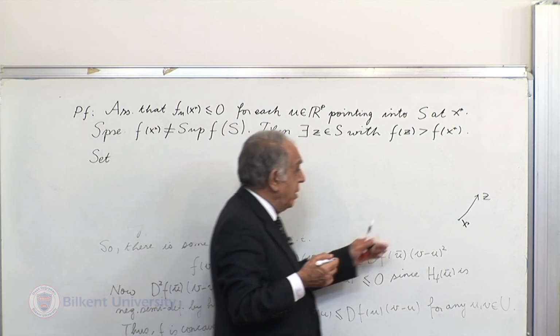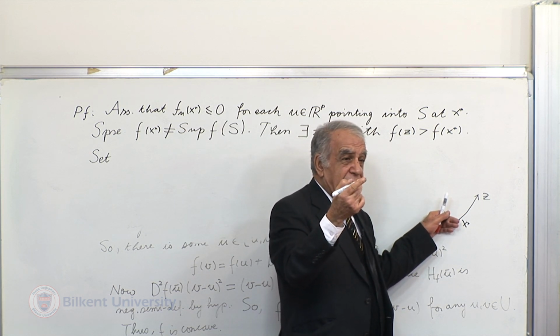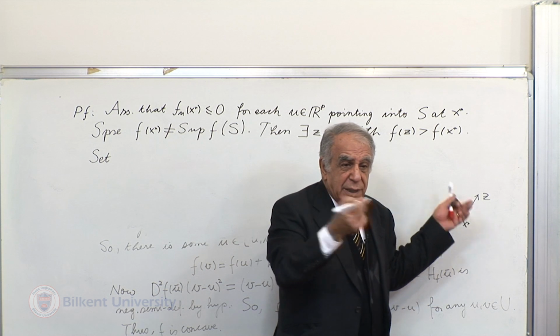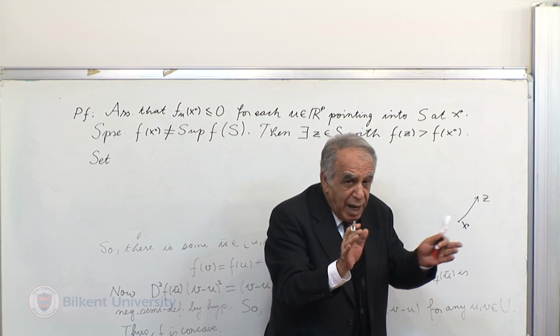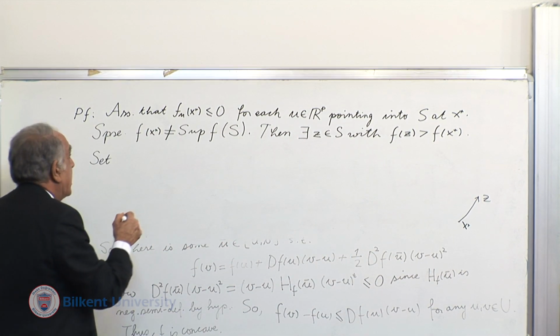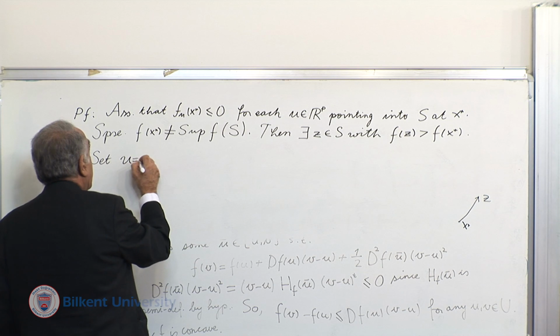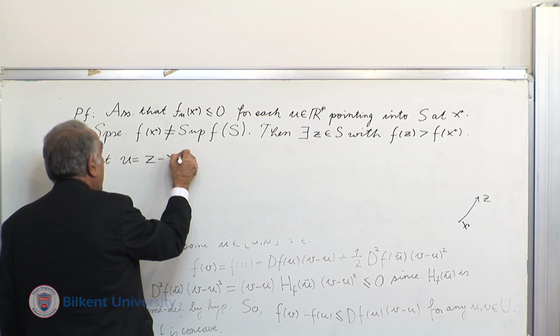But it is possible first to go downward and then go up. That will not be possible since the function is concave. If the function is not concave, that might happen. Set u equal to z minus x star.